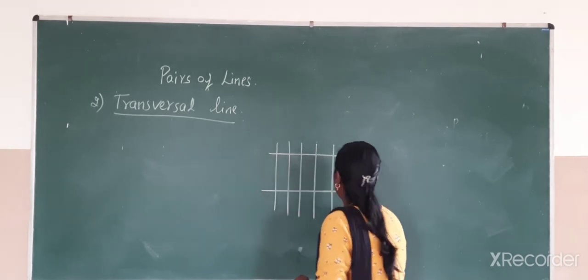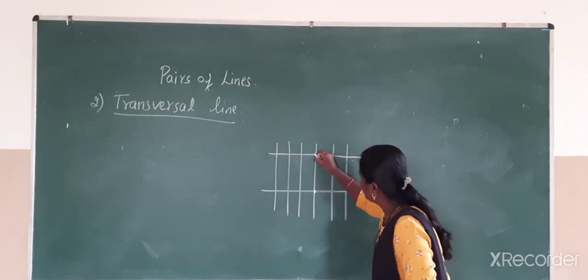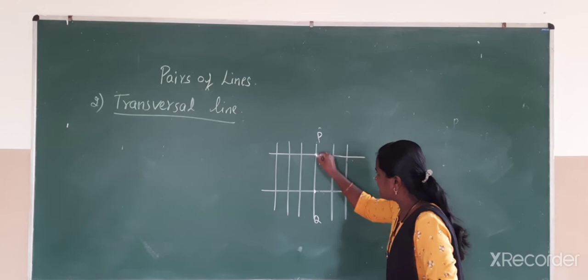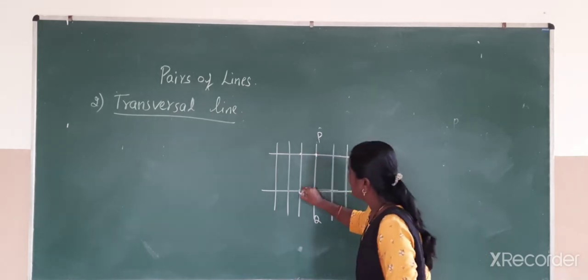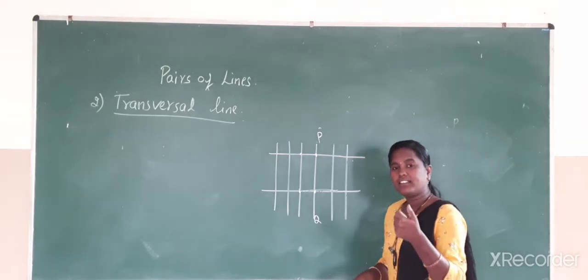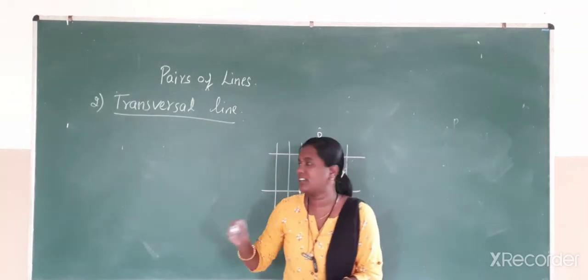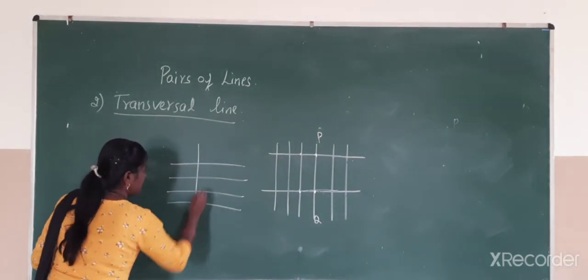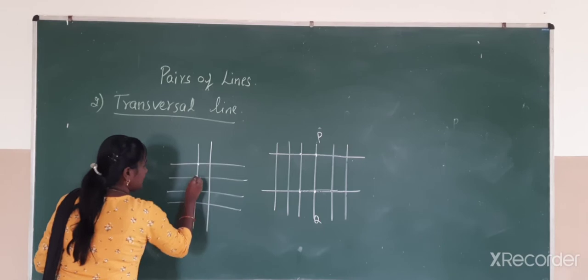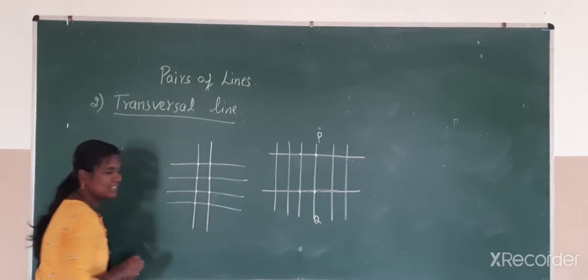If I take this as PQ, it is intersecting 2 lines. Also, if you take the window bars, those are intersecting 2 or more lines.